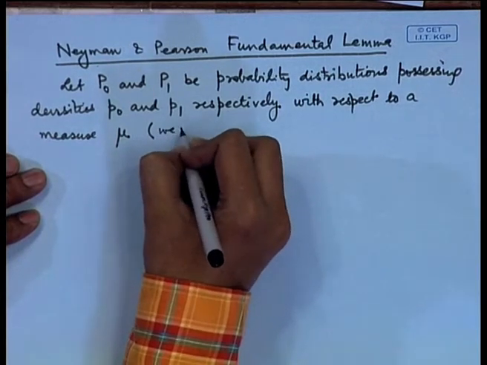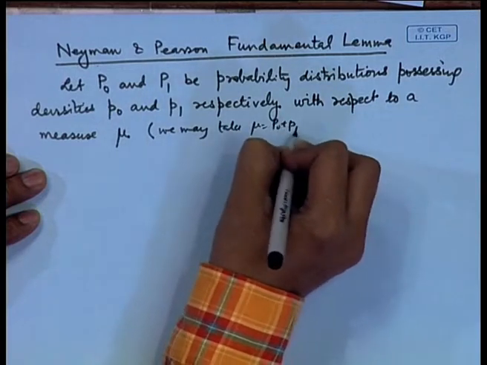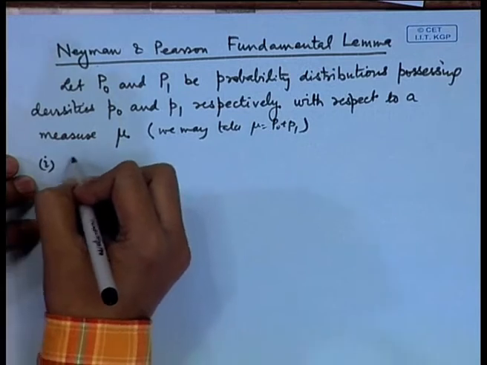We may take say mu is equal to P naught plus P 1 also. So, the first part is existence.